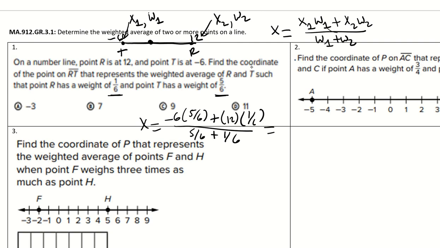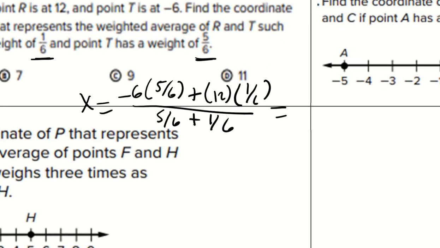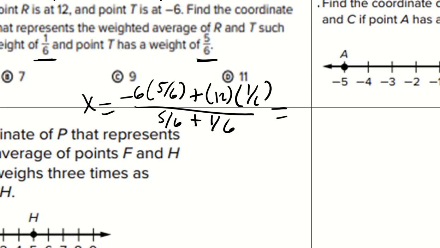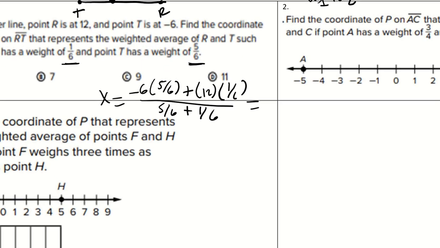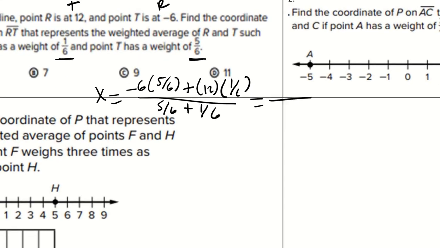There you go. Just using that formula there. That's all you have to do. Just plug them into that formula. All right, and then 5/6 plus 1/6 is 6 out of 6. And we know that 6 out of 6 is just 1, right? So I'm just going to change that 6 out of 6 to 1 whole.